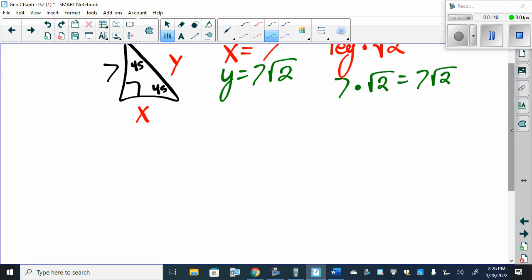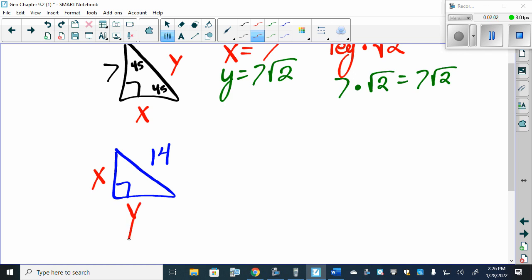Now the other case we came across is if we're given a right triangle and we're told that the hypotenuse is, say, 14, and we want to find the values of x and y in a 45, 45, 90. Well, we know that the 14 is the hypotenuse because it's opposite the right angle.